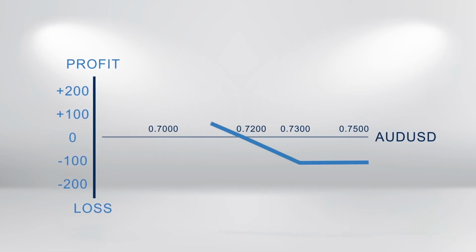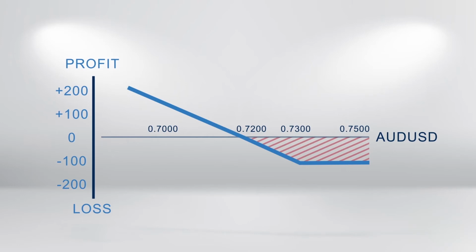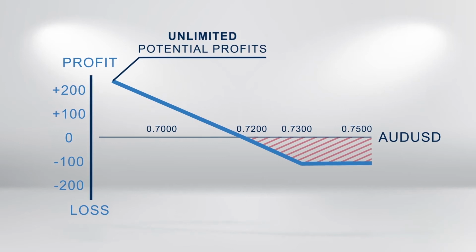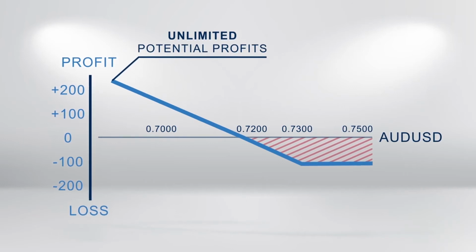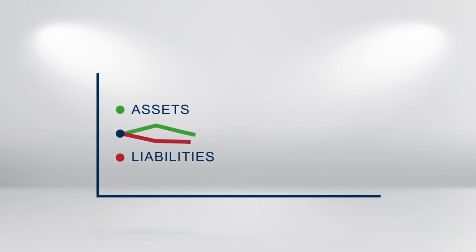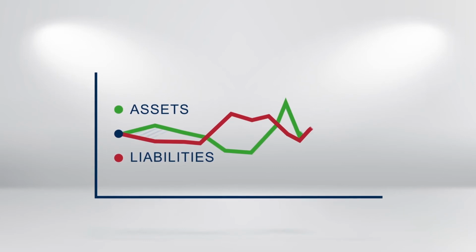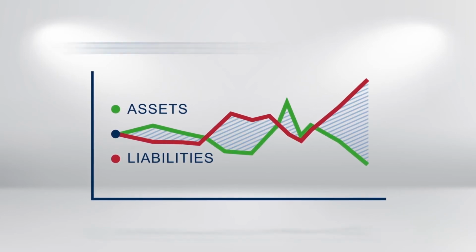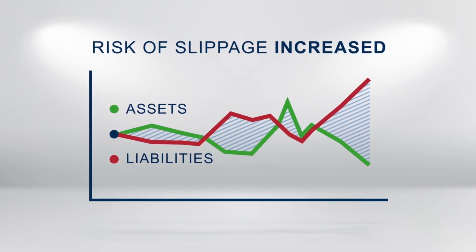The profit and loss chart clearly shows the advantages of using FX options. Maximum loss is limited, so we don't need a stop on our position. And at the same time, the potential profits are unlimited. The FX market has changed significantly over recent years, and liquidity gaps now happen on a more regular basis. This increases the risk of slippage on your stop orders.